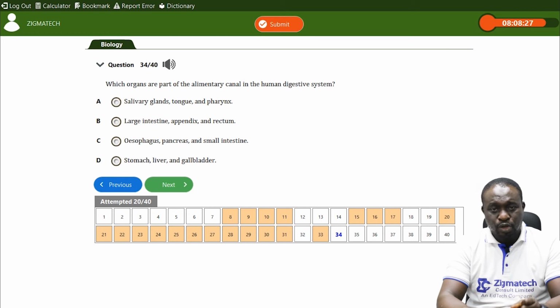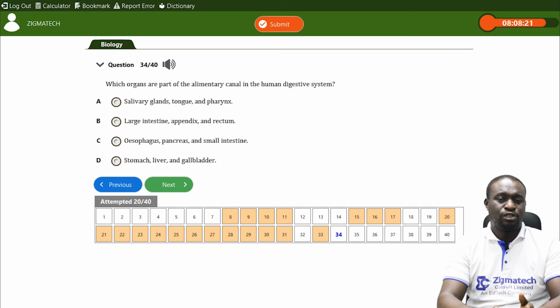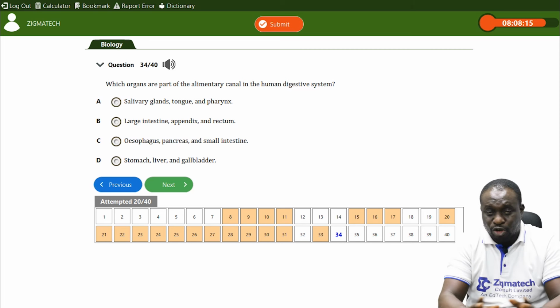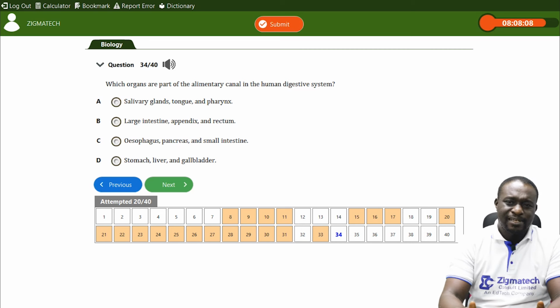Also, the small intestine is, in fact, where digestion is completed and absorption takes place. So you can see that option C is the correct answer because it involves the processes of digestion. Now, option D doesn't.